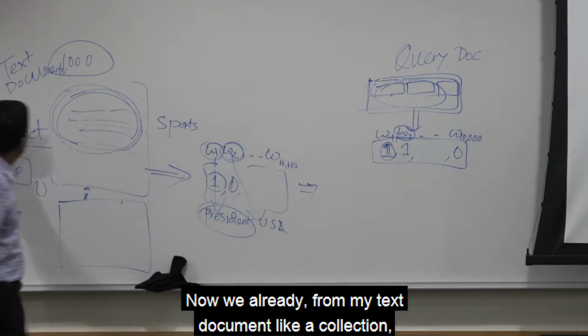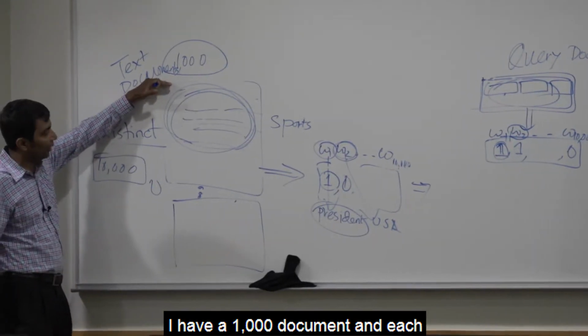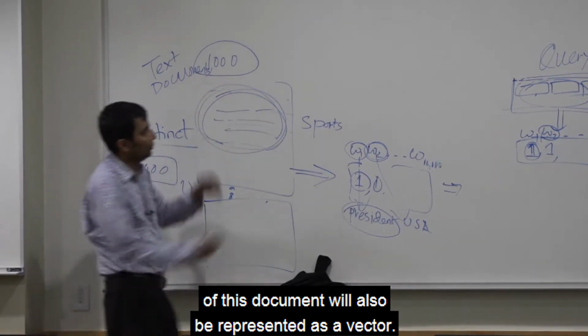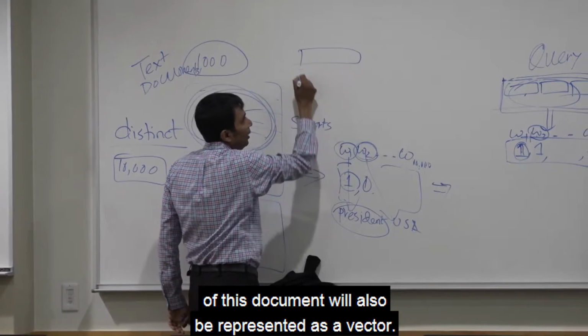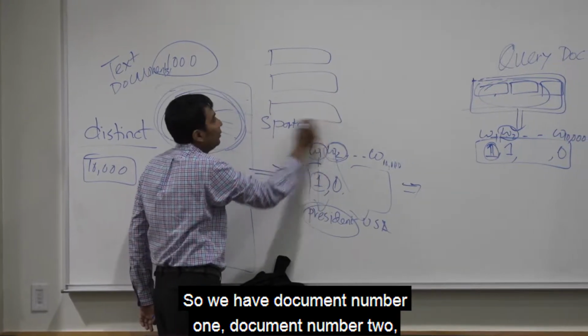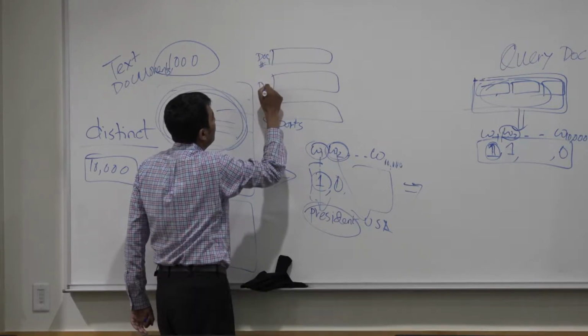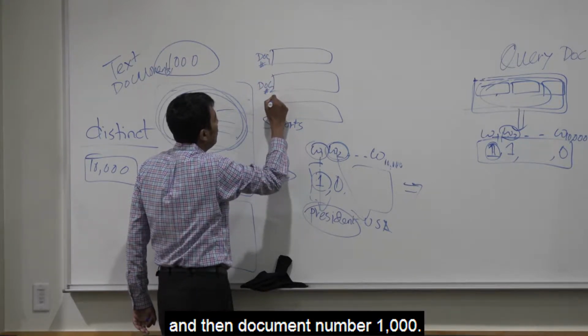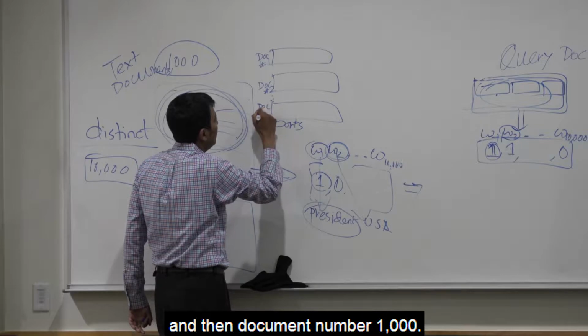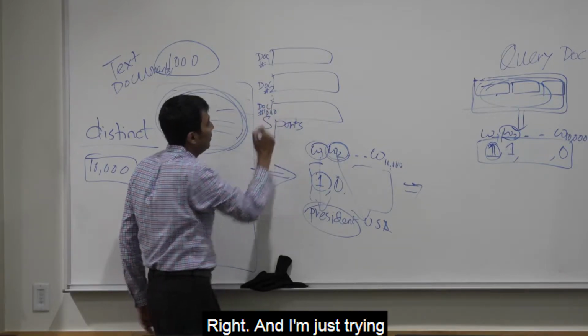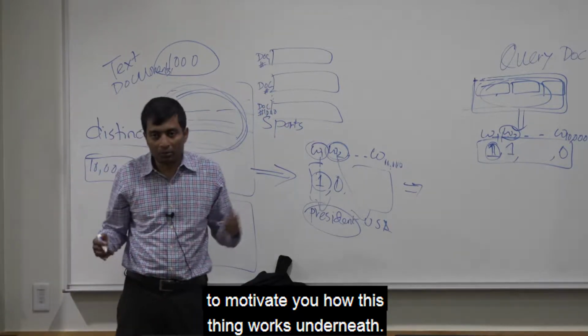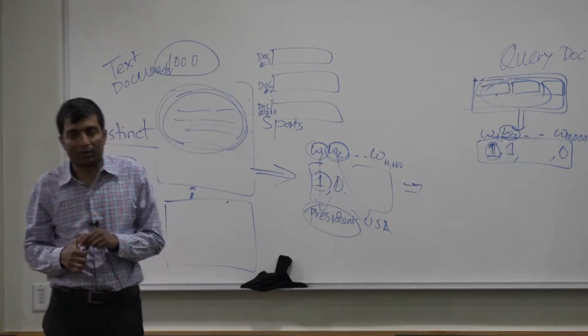Now from my text document collection, I have 1,000 documents, and each of these documents will also be represented as a vector. So we have document number 1, document number 2, and then document number 1,000, right? I'm just trying to motivate you on how this works underneath.